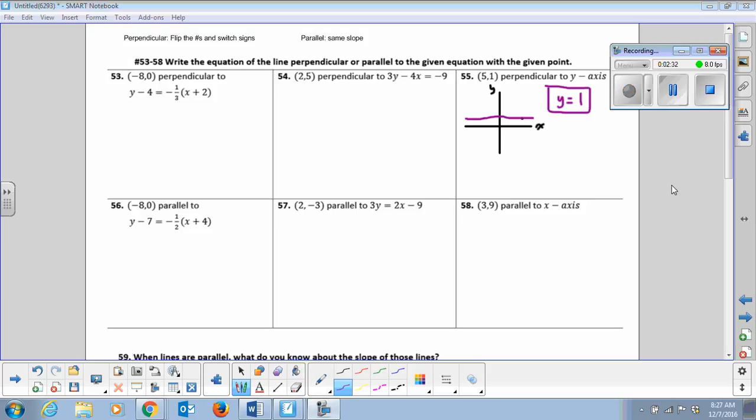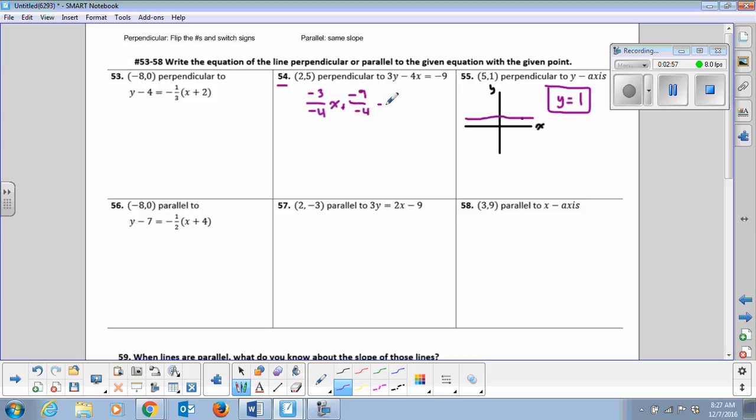And I changed my mind, so I will work 54 for you, and then you can go ahead and finish these. So again, we have to rearrange this. So opposite A is -3 over B, which is -4, and that's my x. And then if I were to finish this equation, I would have -9 over -4.